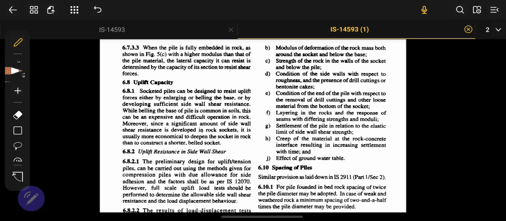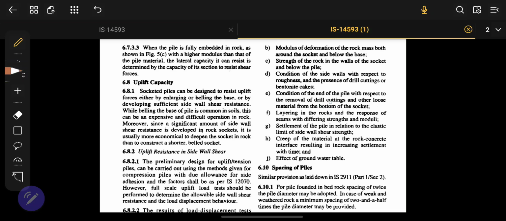It depends on how accurately you are doing your work, and piling is a completely blind operation, and we should be very careful. We should be doing whatever is given in the codes, and we should be following the codes properly. Otherwise quality control will be very, very difficult.